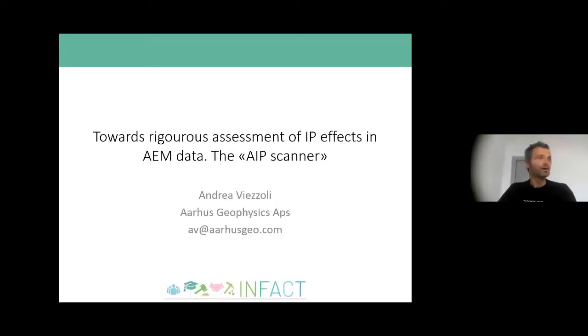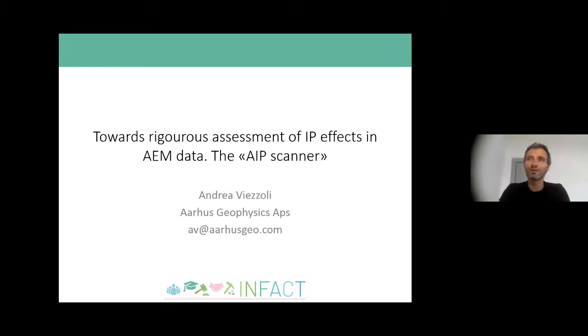Okay, right, so basically I've been playing with IP induced polarization effects in airborne data for quite a bit, and I see it everywhere, and I'll share with you my view on it. Let's get going.